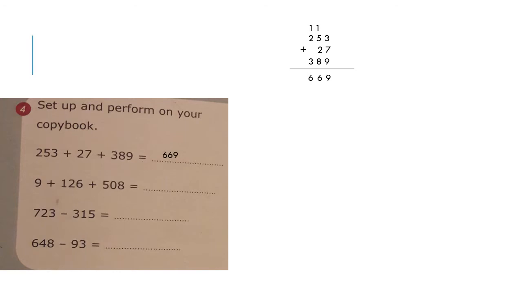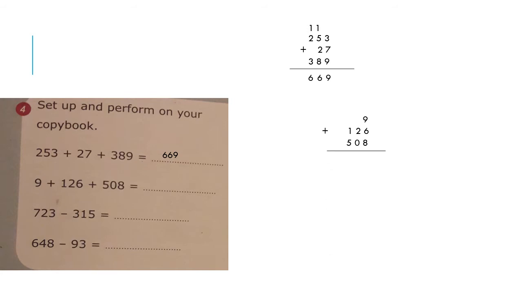Okay, the second one. I have 9 plus 126 plus 508. I set up, but when I set up, I put the hundreds under the hundreds, the tens under the tens, and the ones under the ones, and I start with the ones, of course. Look at the 9. I put 9 with the ones. I don't put it with the tens, neither with the hundreds.